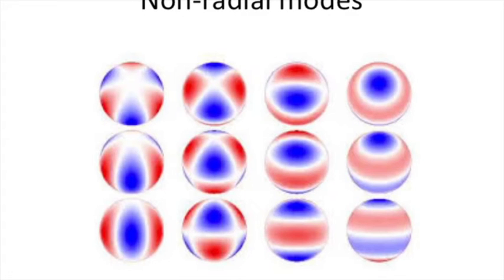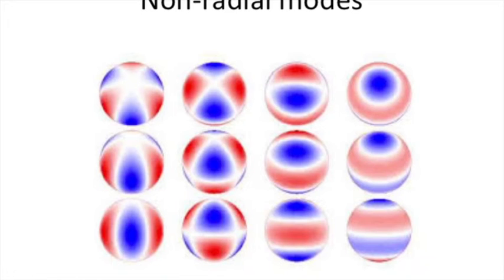Now, I'm not going to get into the non-radial modes much at all. They're so complicated, it's hard to keep in your head with the L and M oscillations. But they do make for pretty pictures. These are theoretical pictures. You can imagine the red parts moving one direction, the blue moving in the other direction. There are all kinds of different modes that are possible in the non-radial case.